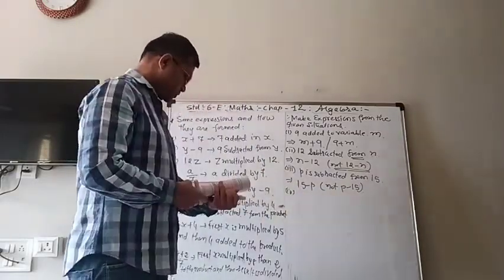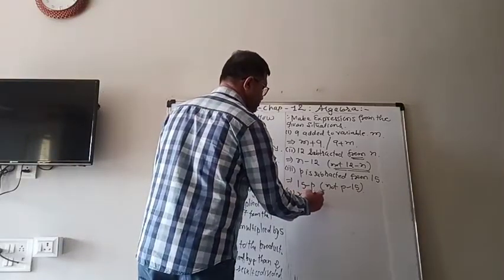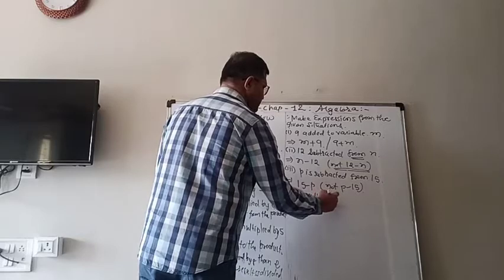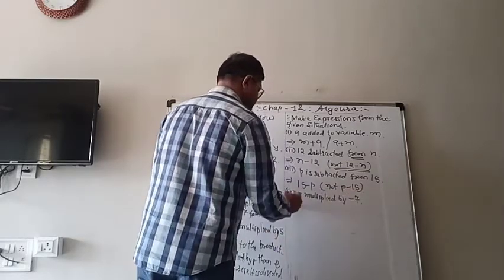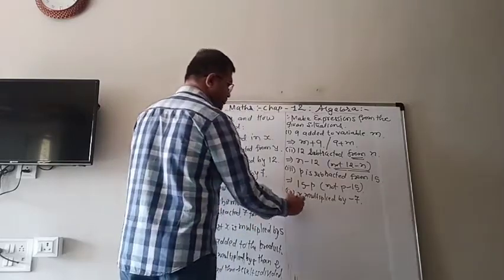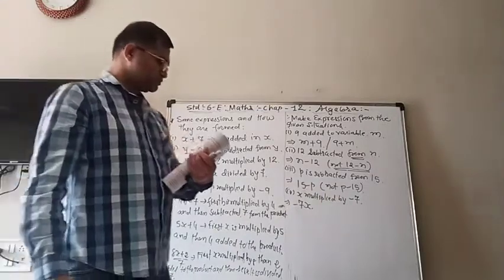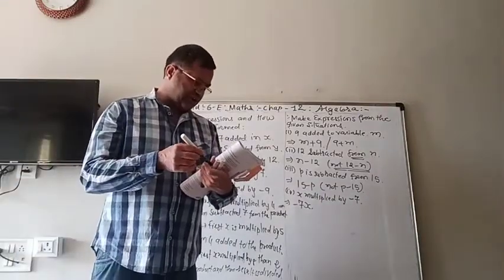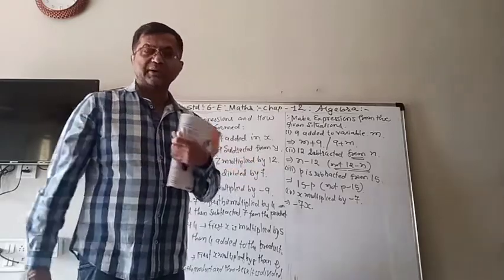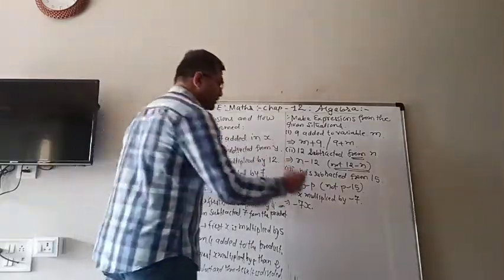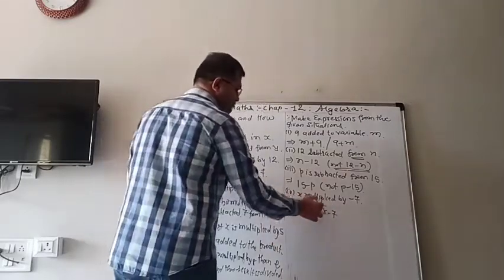Fourth, x multiplied by minus 7. So you will write down minus 7x. Always when we write down the expressions, the constant numbers must be before. You can't write x multiplied by minus 7 as x minus 7.